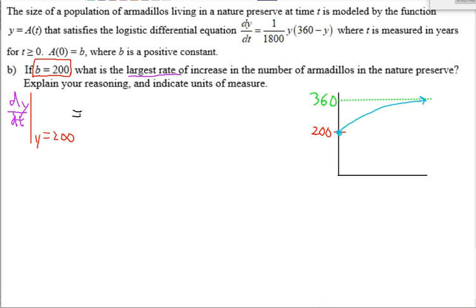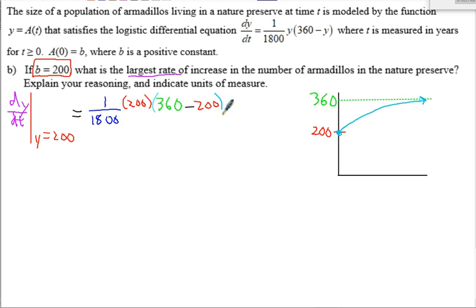Equals, so we've got 1 over 1800 times 200 for y right there. And then our carrying capacity 360 minus 200 for y.